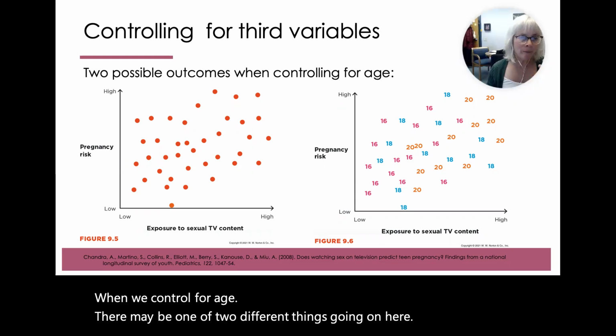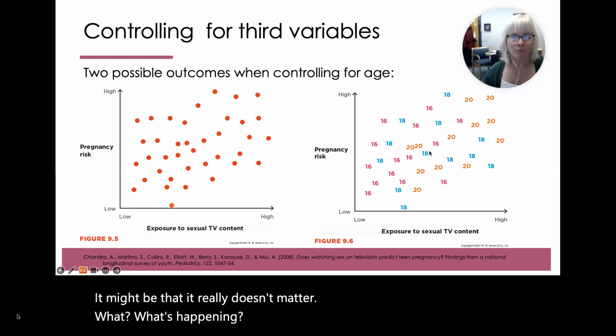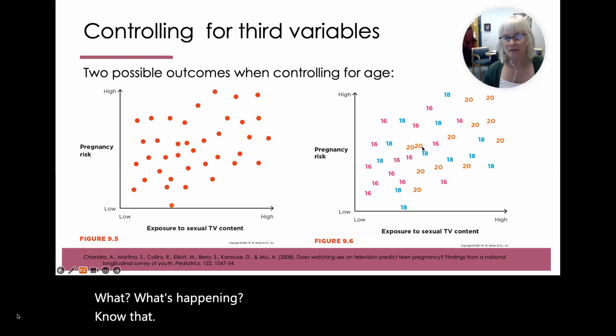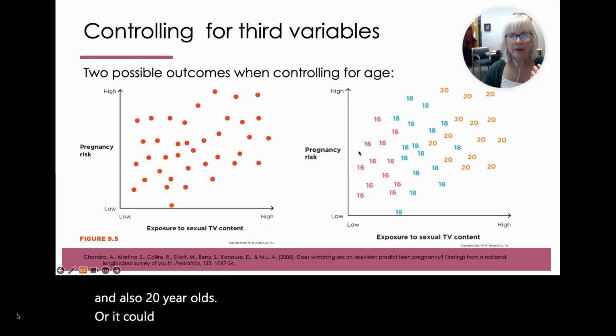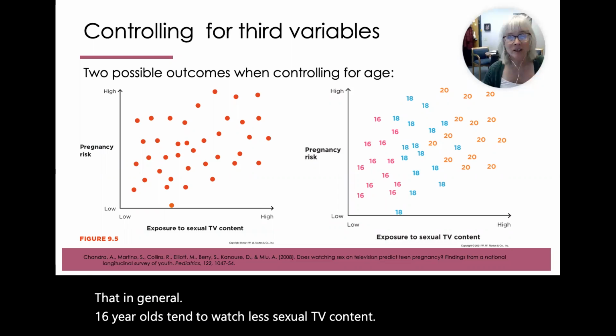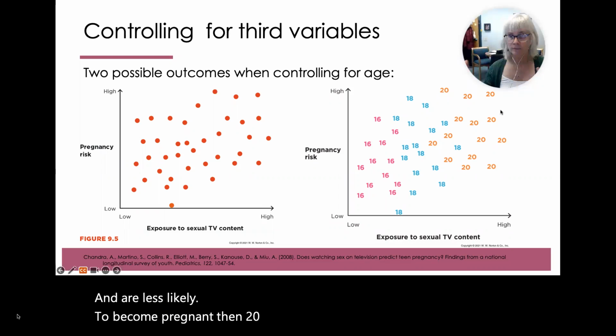It might be that it really doesn't matter what's happening, that 16-year-olds who watch a lot are much more likely to become pregnant, and also 20-year-olds. Or it could be that in general, 16-year-olds tend to watch less sexual TV content and are less likely to become pregnant than 20-year-olds. Okay?